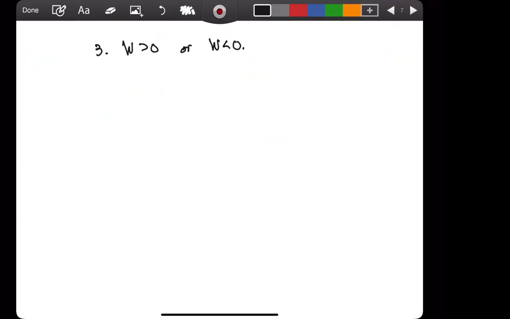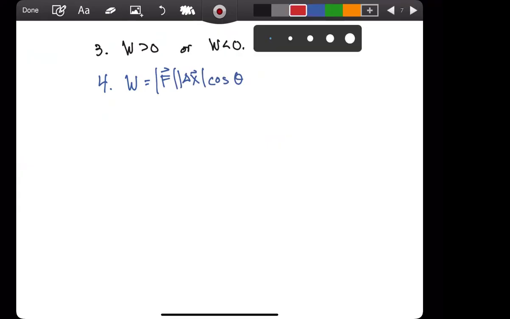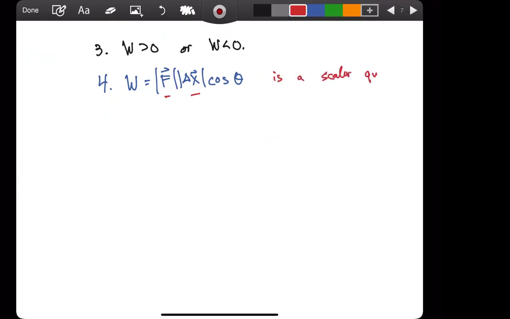Now, the last observation we can make is number 4, in the fact that work, since this is equal to, again, let me write it this way, the magnitude of the force times the magnitude of the displacement times cosine of the angle between the two. Since I'm dealing with the magnitudes of each one of these, this means that work is actually a scalar quantity. So unlike a force or displacement, which are by nature vectorial quantities, this is actually a scalar quantity.